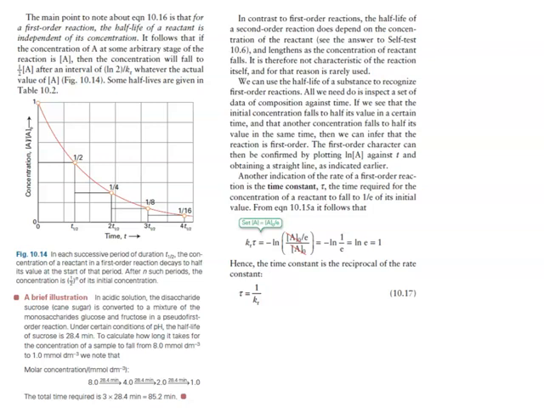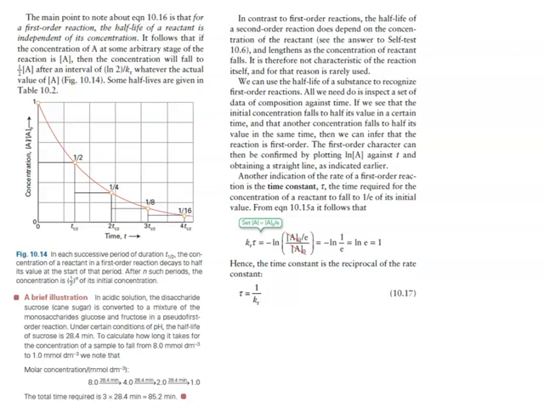All we need to do is inspect a set of data of composition against time. If we see that the initial concentration falls to half its value in a certain time, and that another concentration falls to half its value in the same time, then we can infer that the reaction is first order. The first-order character can then be confirmed by plotting the natural log of the concentration of A against time and obtaining a straight line as indicated earlier.